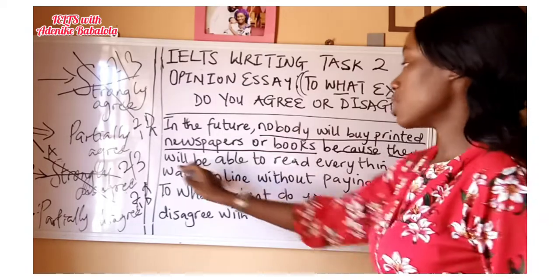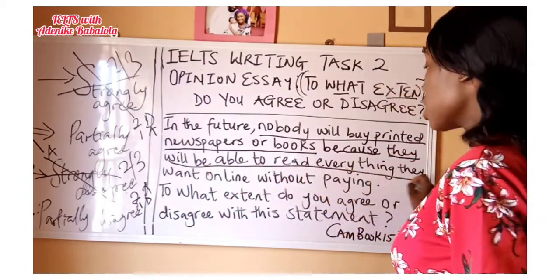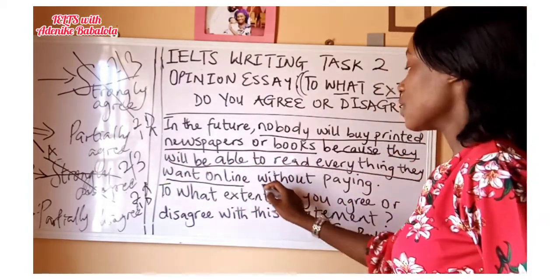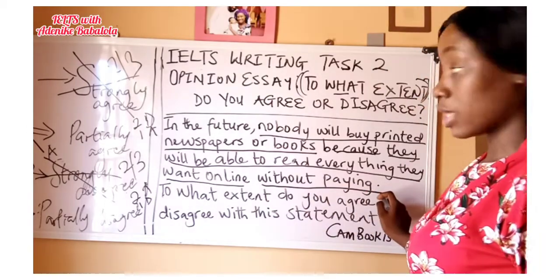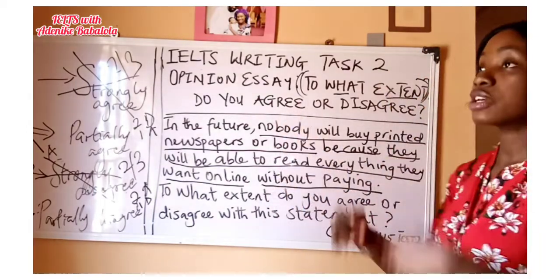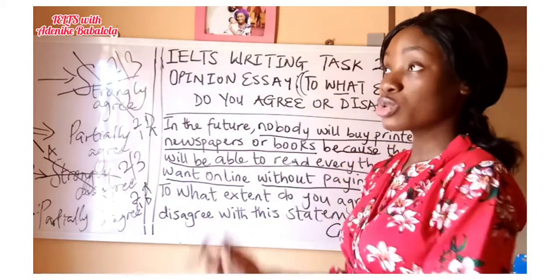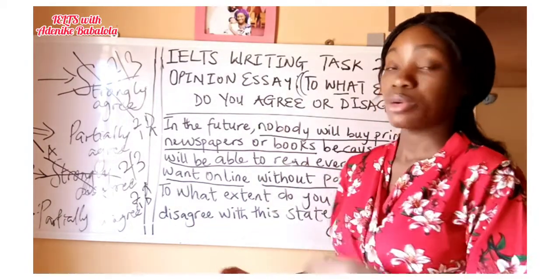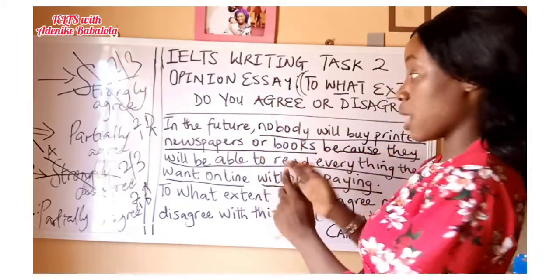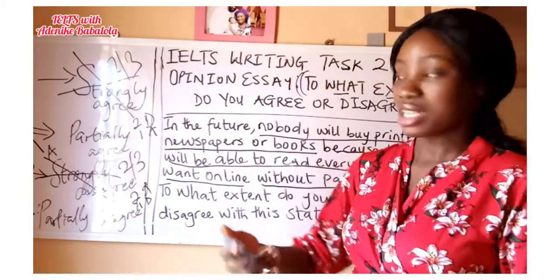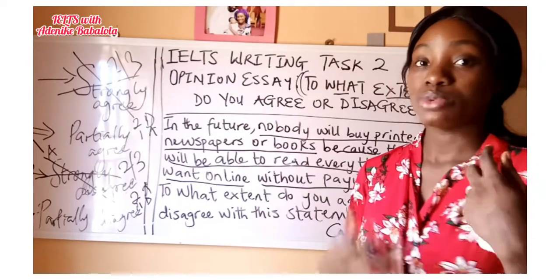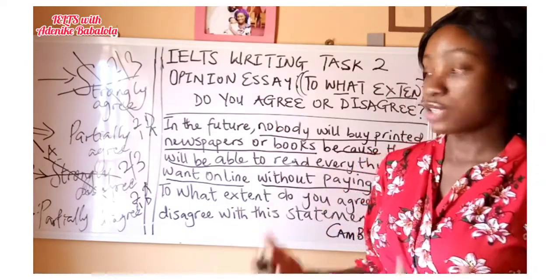Because they will be able to read everything they want online without paying. Okay, so this is saying, as from 2030, for example, people would not be buying newspapers, they won't be buying books, they won't be buying these materials that we read in hard copy, because everything will be available online and you won't have to pay any money for it.